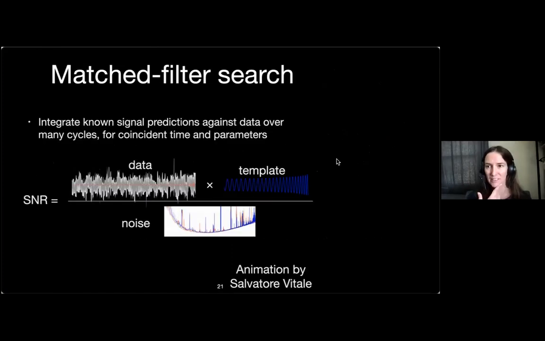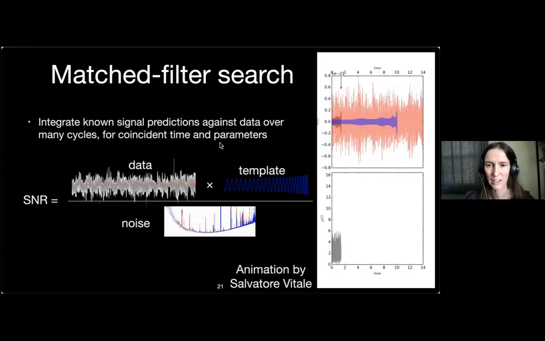So the start point for many of the detections that we've discussed or that we've found so far is a search that requires a template model generated with the kinds of processes I've been discussing so far, that we can cross-correlate with the data, integrate over many orbits, many cycles, and weight by the known or measured noise properties of the interferometer that's being used to record the strain of a gravitational signal.